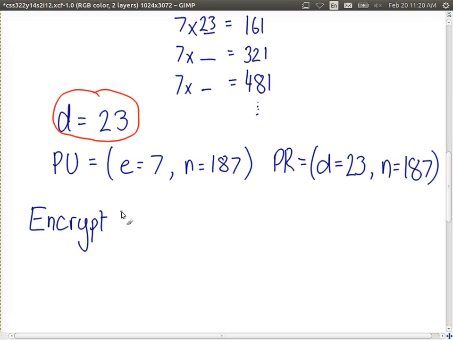And let's maybe I'll give you another example. Before we encrypt, make sure everyone's up with this. Let's give you another case.